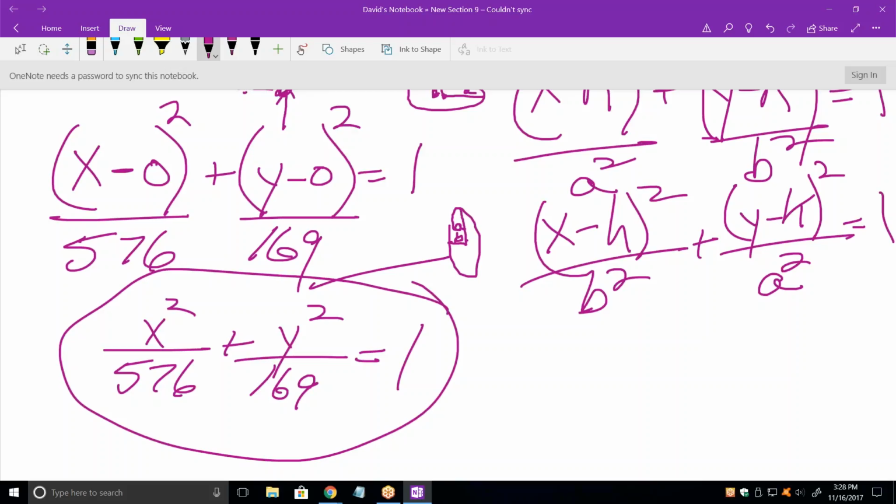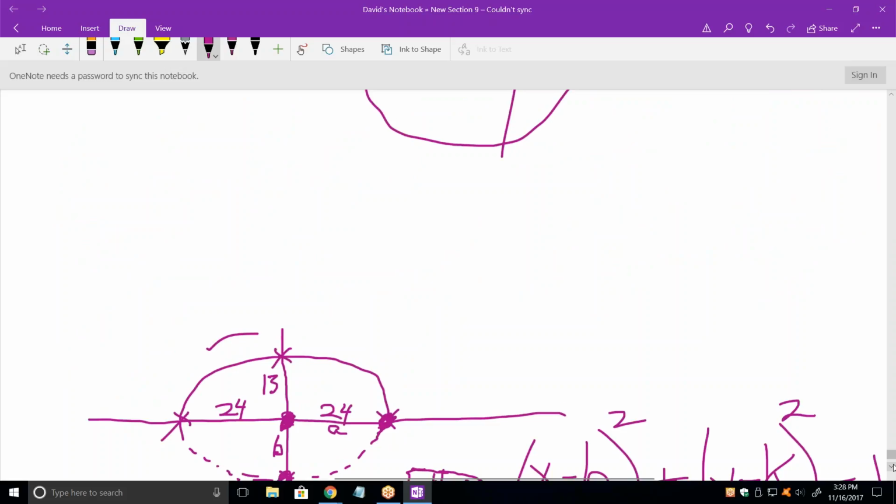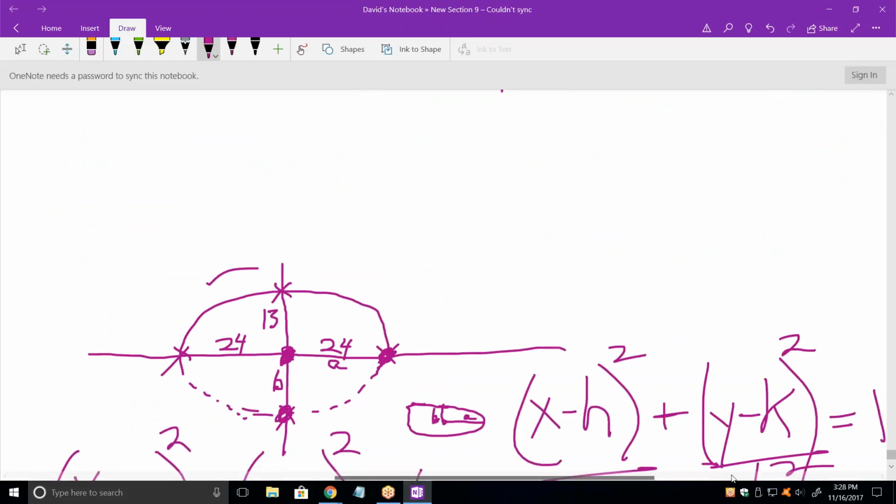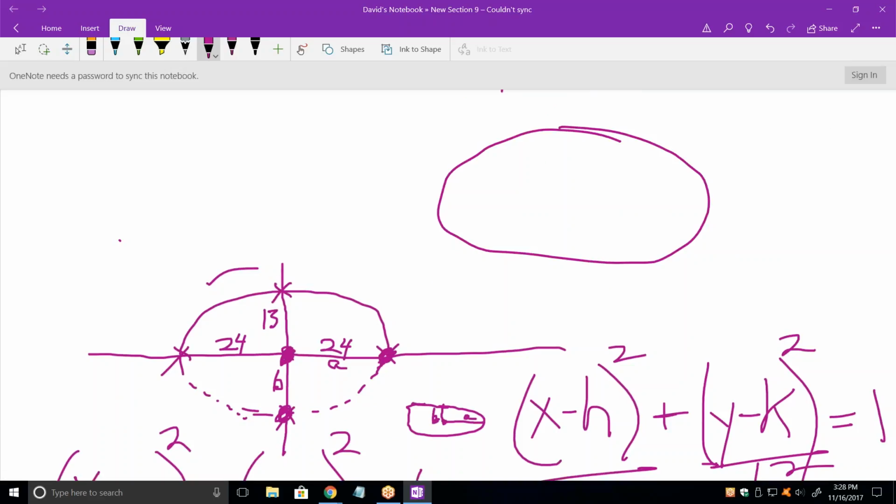Now, they have not taught you about the focus yet, because here's what the focus is. There are 2 points on every ellipse. If I draw an ellipse like that, where that's the center, there's a focus there and there's a focus there.